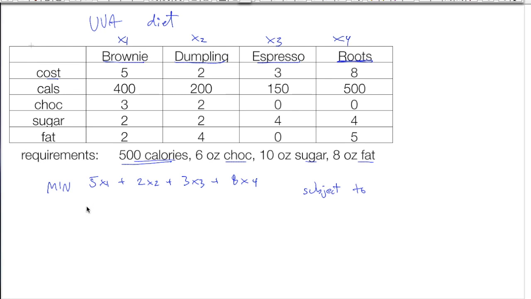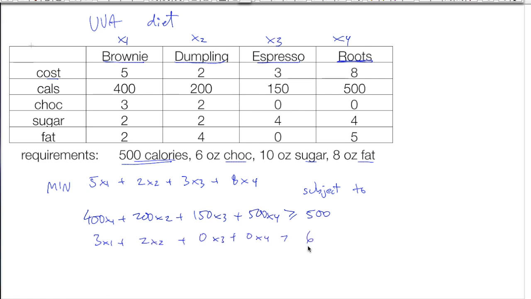So at this point we want to make sure that 400 calories times x1 plus 200 calories times x2 plus 150 calories times x3 plus 500 calories times x4 gives you at least 500 calories. We want to make sure that you have at least 6 ounces of chocolate, 10 ounces of sugar, and 8 ounces of fat.